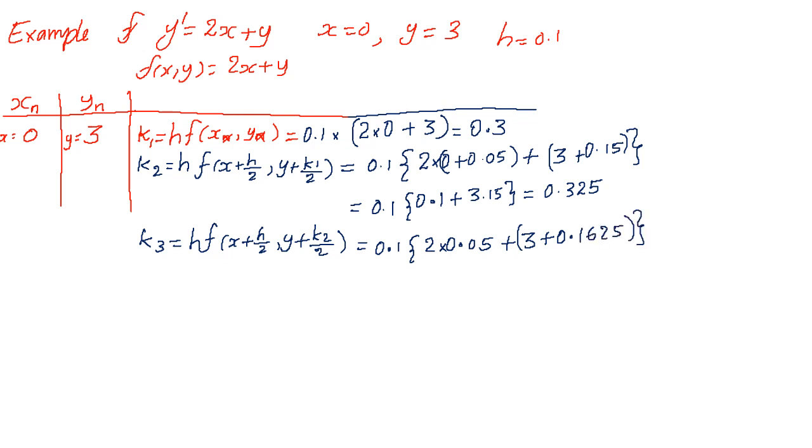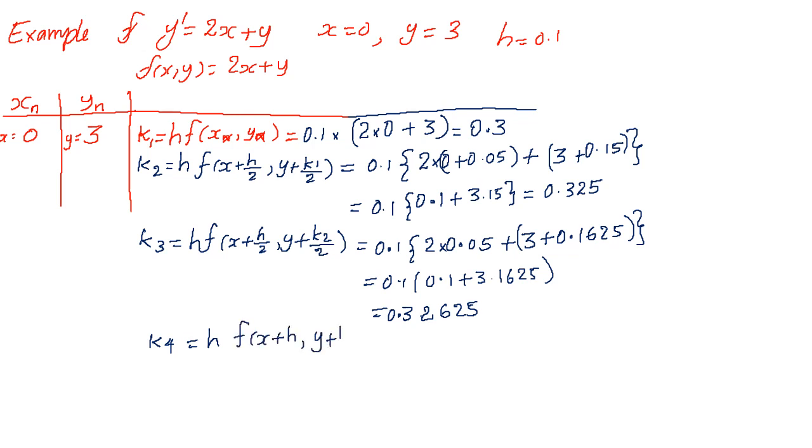When evaluated, 2 into 0.05 is 0.1 plus 3.1625, and multiplied by 0.1, that is equal to 0.32625.